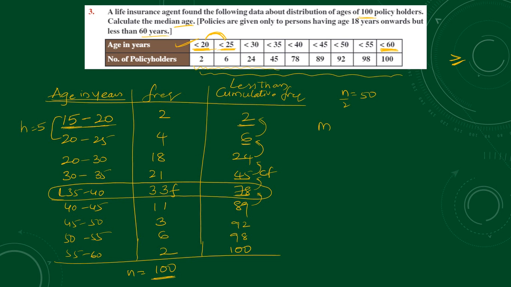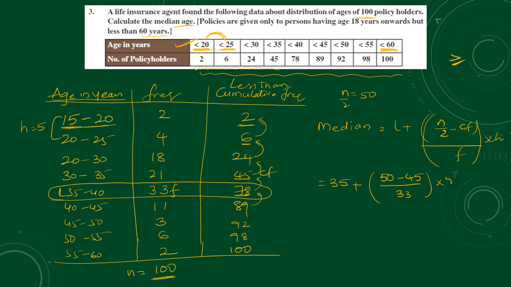Now writing down the formula of median. Median is equal to L plus (n by 2 minus CF) by F into h. Using this formula, L is 35, plus n by 2 is 50, minus CF is 45, divided by F is 33, into 5.